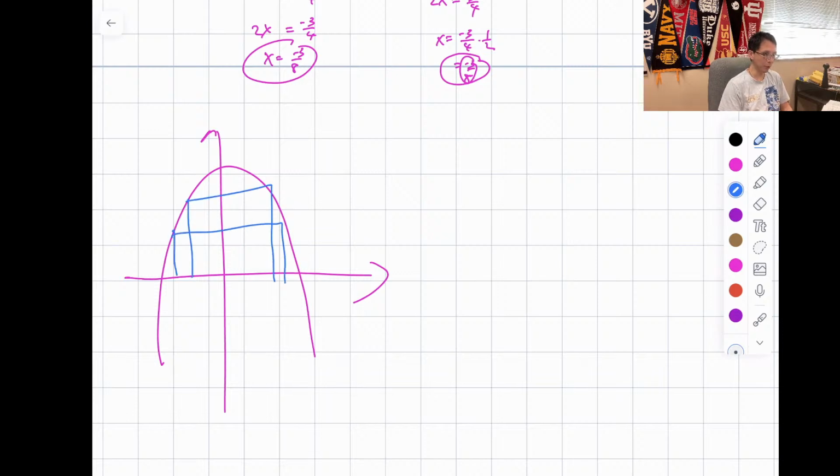How do I know which one? Well, this side is x, this side is x, and this side is y. So the area is 2xy. The area is equal to 2x times y, which in this case is 4 minus x squared. Then you can optimize that way, because each side has an x. You're trying to build the biggest rectangle.